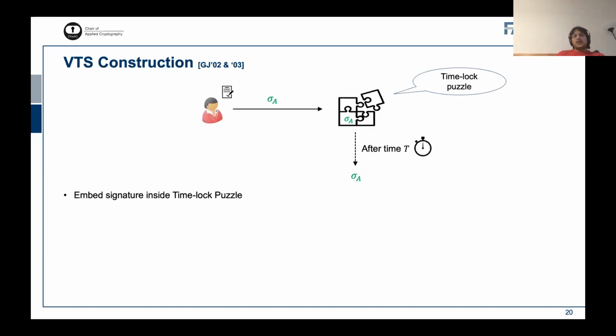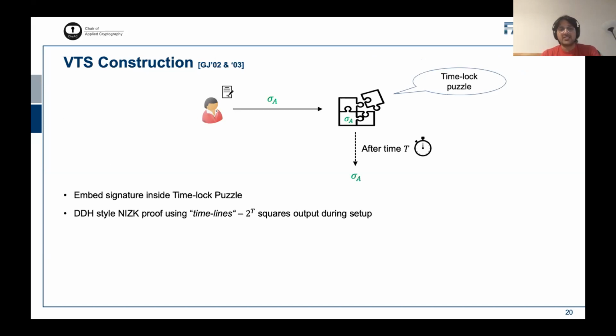Okay, so the very first construction of VTS where the verifiability was dealt with explicitly was by Garay and Jakobsson in 2002 and 2003, where the idea is to embed the signature inside a time lock puzzle and use a DDH style NIZK proof, where there is something called a timeline, right?